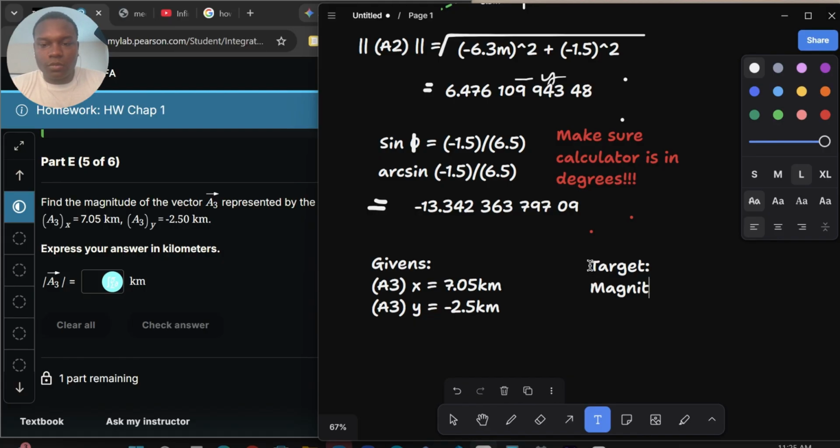Magnitude in kilometers. Here's something that I didn't touch on before, but I think it's really cool. When we specify what kind of unit or thing we're looking for based off of our target, we know what kind of result to expect.